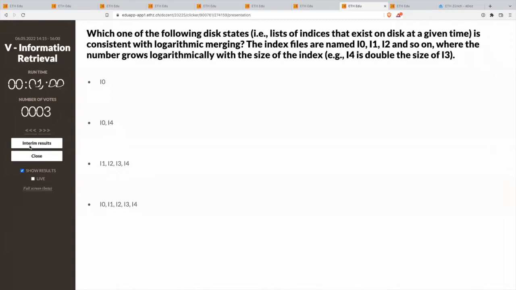Among these four answers, which ones are permissible? Which ones correspond to something you can actually see as a state of the system on the disk? I0 alone, or I0 and I4, or I0, I2, I3, I4, or I0, I1, I2, I3, I4. Multiple answers possible, if I set it up correctly.